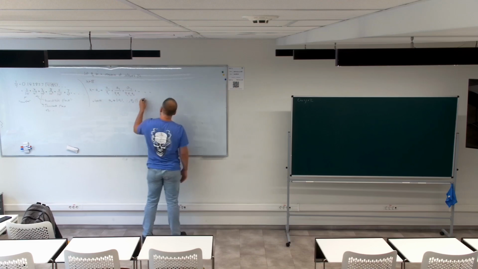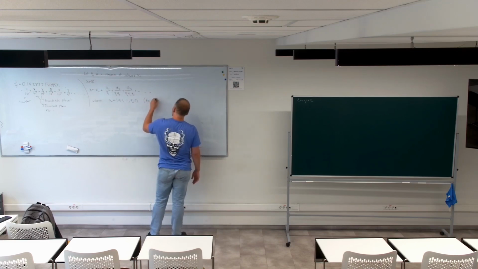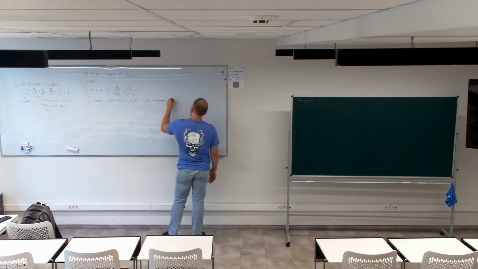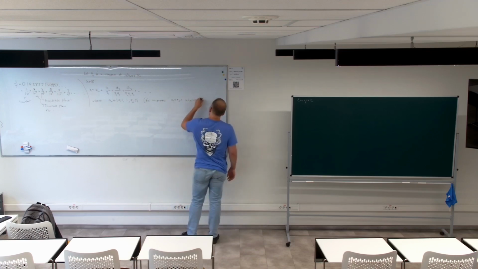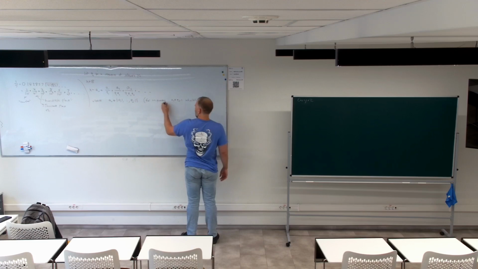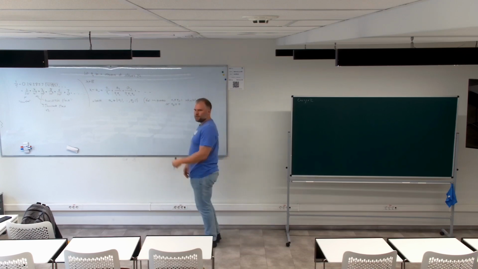And just for uniqueness, this really isn't that important. We can require that an is not equal to qn minus 1 infinitely often. Or we could instead require that an is not equal to 0. Depending on that, there are two different expansions.